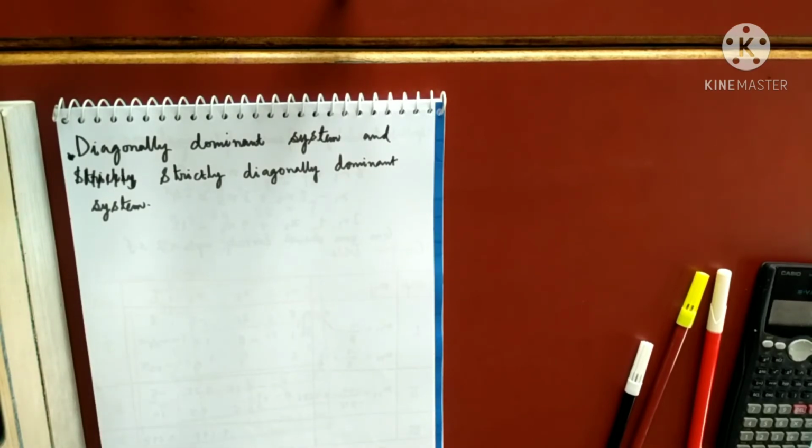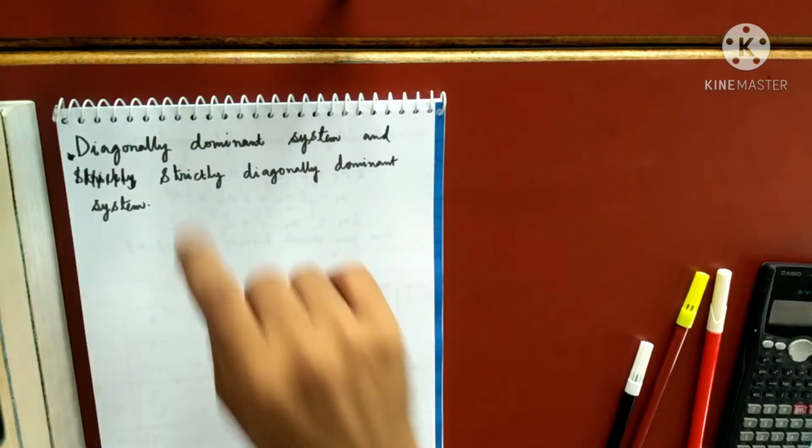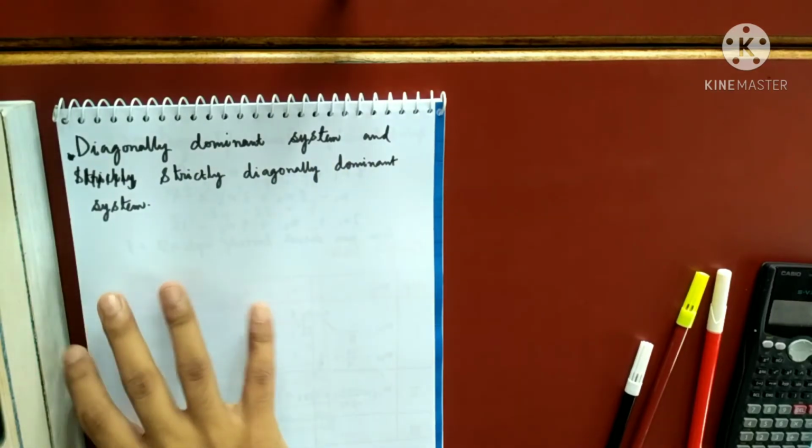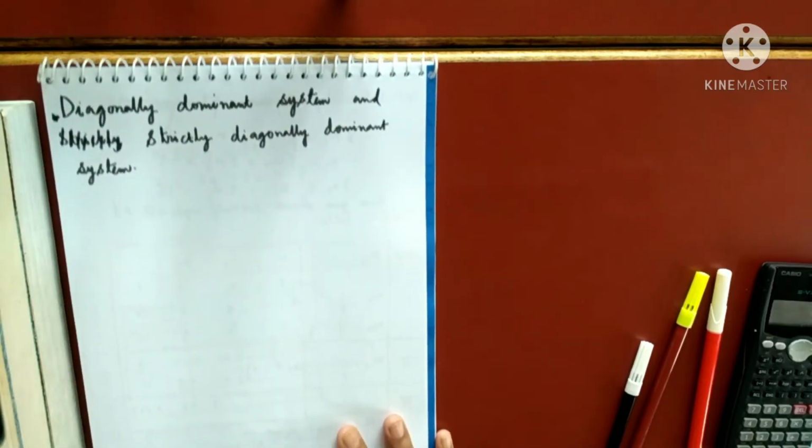One method I taught you was the Gauss elimination method. Now I will teach you what is known as the Gauss-Jordan iteration method. But before going to that method, I have to teach you when I call a system of equations diagonally dominant or strictly diagonally dominant. I will tell you what I mean by this.